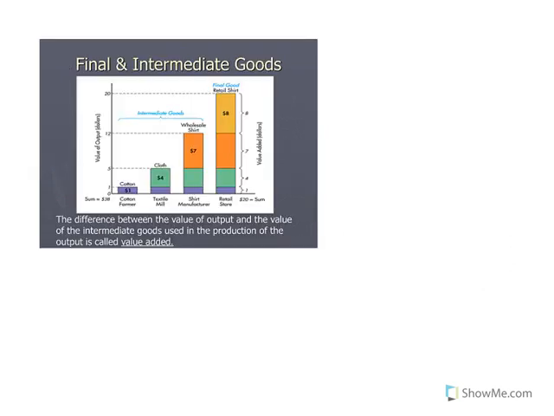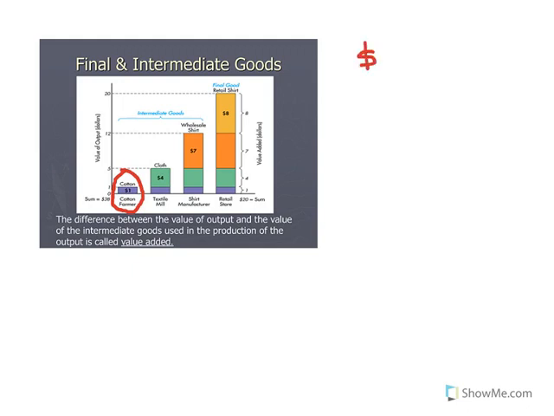So here I have a little graph that is showing the production process that would take place hypothetically for a shirt that you would purchase at a retail store. And so we see that the first stage of production is over here, when you have a cotton farmer that grows cotton, and he turns around and sells that cotton to the textile mill for $1.